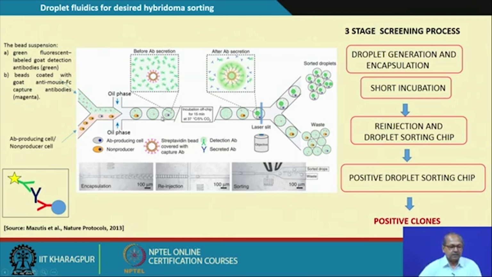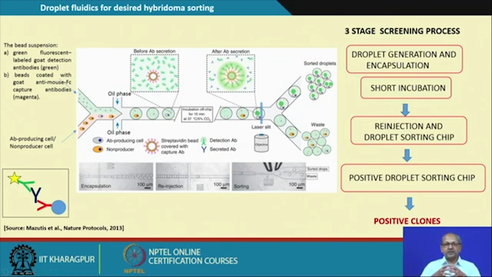So, after passing, we capture the droplets in Eppendorf tubes and let them stay for another 1 or 2 hours, maybe 3 to 4 hours, to secrete the antibody from the hybridoma cells. The next step will be screening the antibody-secreting hybridoma cells, meaning which are the positive clones and negative clones.